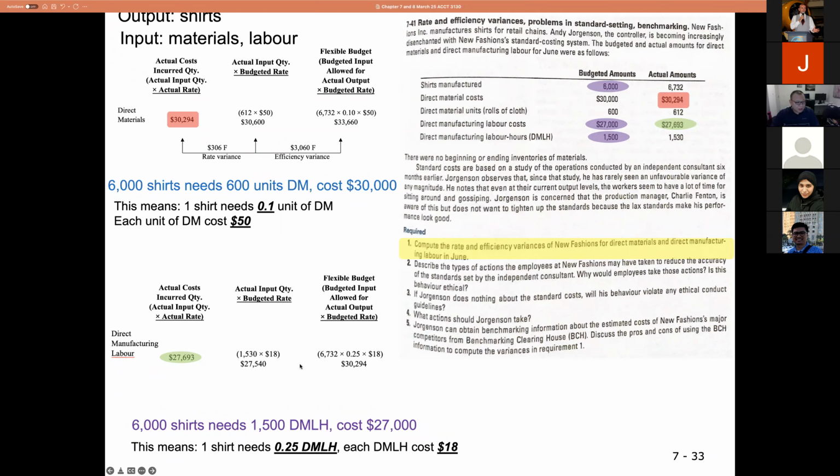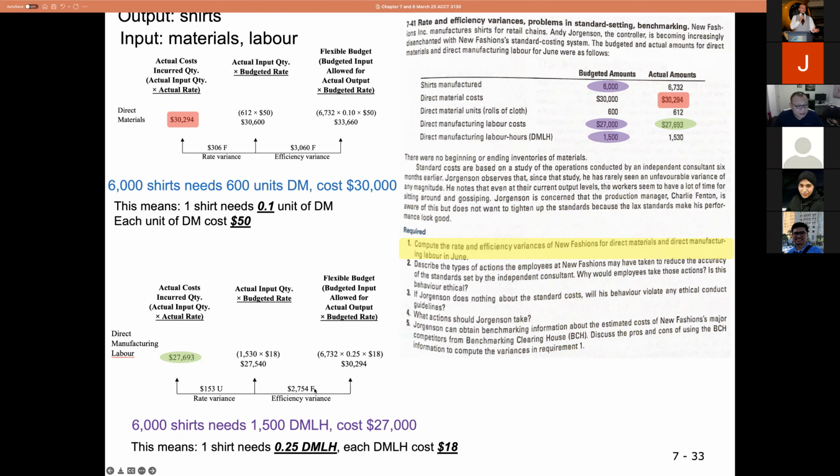Now, what is my efficiency variance? Favorable or unfavorable? Favorable. By how much? 2,754. Yes, 2,754. You guys are doing great. So you take the difference, this number minus this, and it will be 2,754.